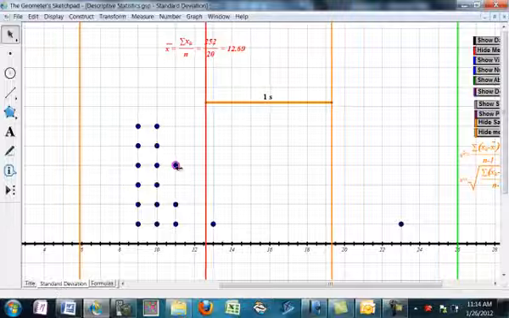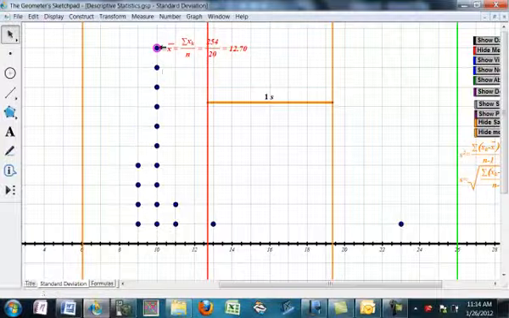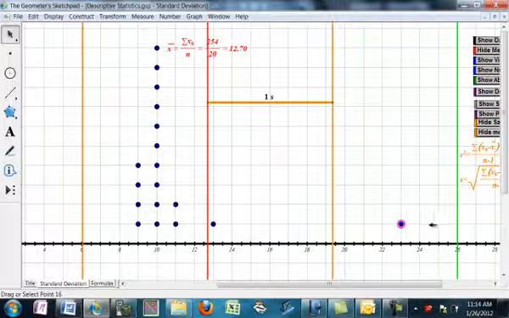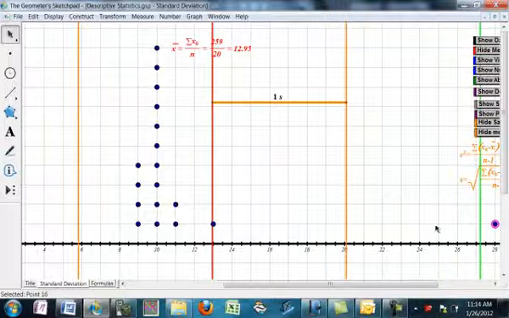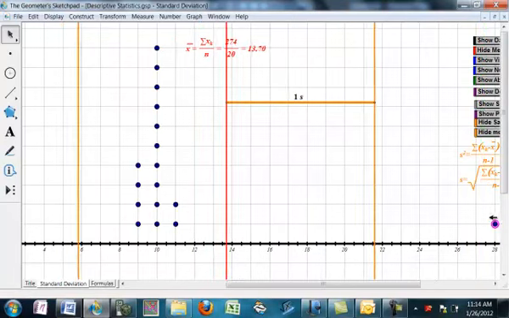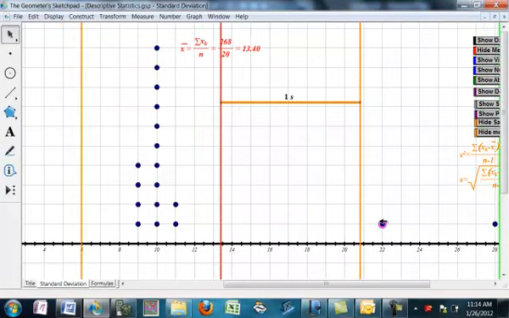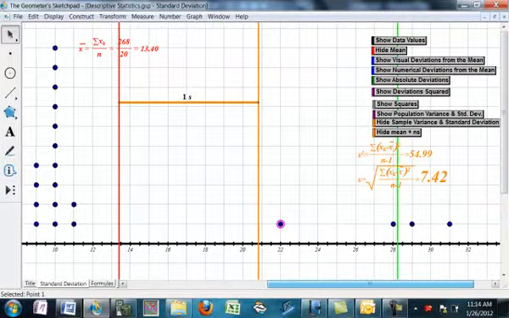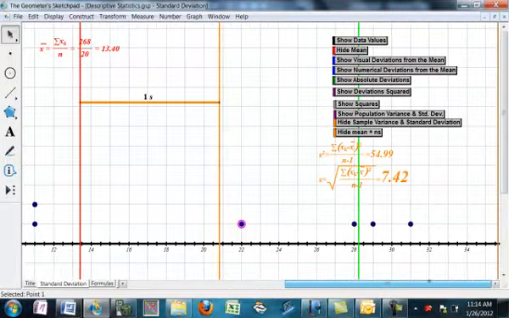Let's have a couple of points that are way out there. Let's stack up a whole bunch of them right here. Okay, now we have lots of data within 1 standard deviation, and all of it's within, well, no, there's a couple that are out here, but nothing beyond 3 standard deviations.